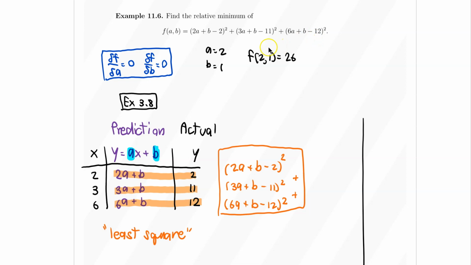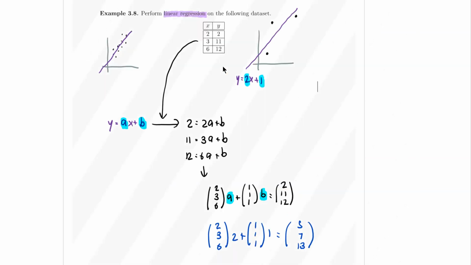You can notice that the values that we get, a equal to 2 and b equal to 1, are the same as what we got when we did the linear regression earlier. Now, we also said that this process of linear regression is basically the same as trying to solve this system of linear equations. Let me copy this and paste that here.